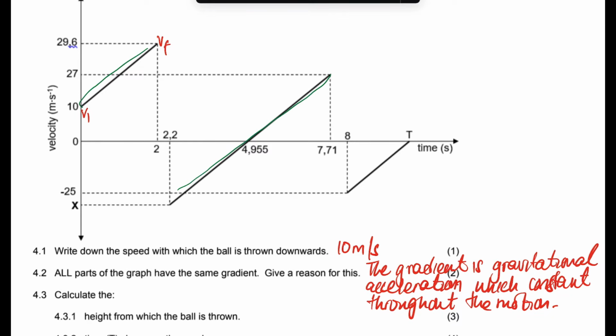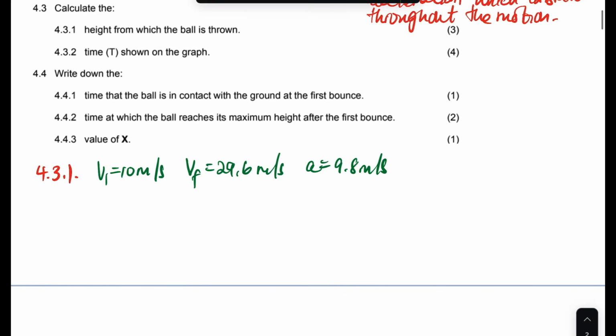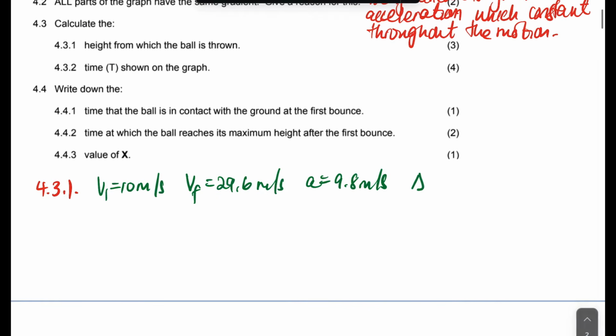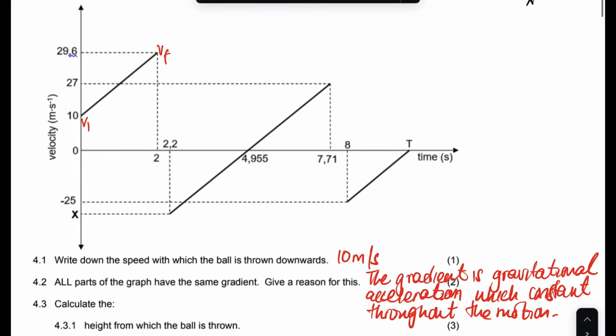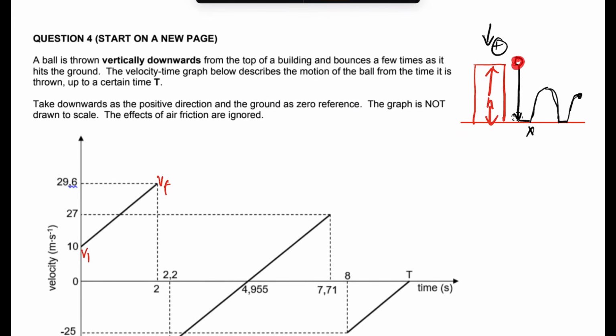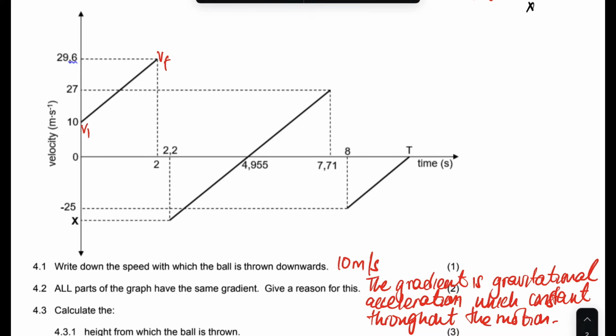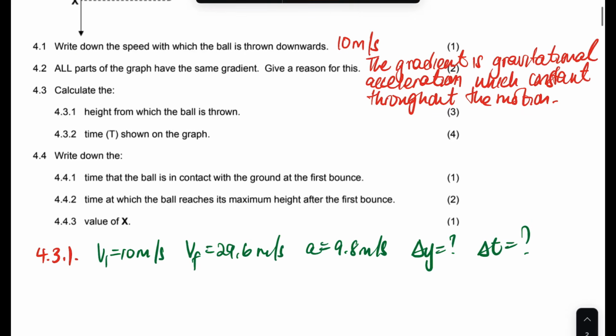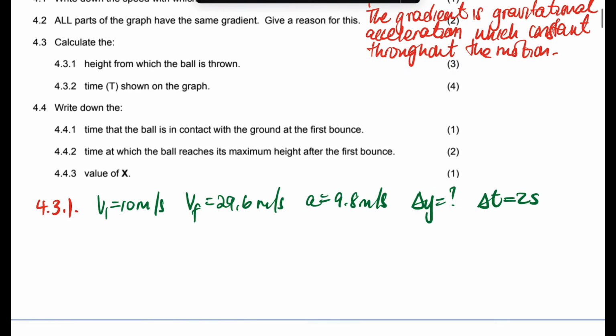It proves that our acceleration is positive, and we want the displacement, and we do not have time, do we? Okay, we do have the time. So it took 2 seconds from the top of the building to the ground, so we do have time. Forgive me for that. So the time there, it's what? It's 2 seconds.